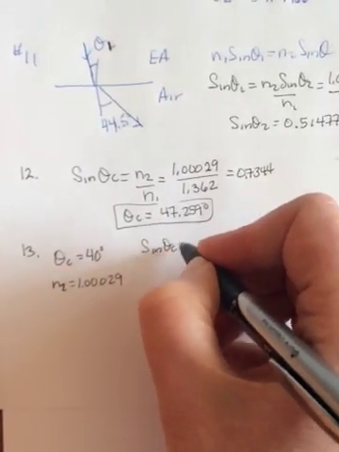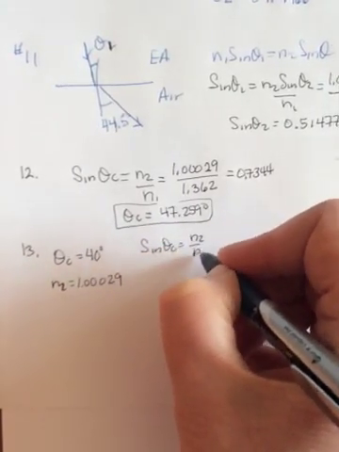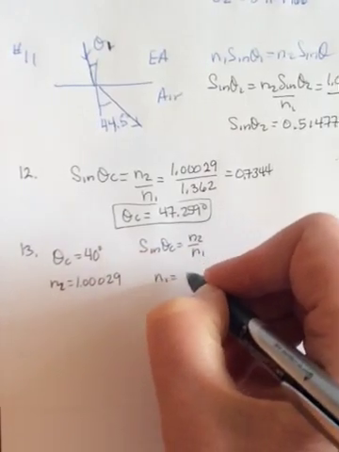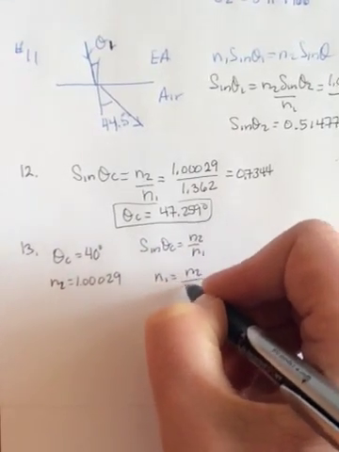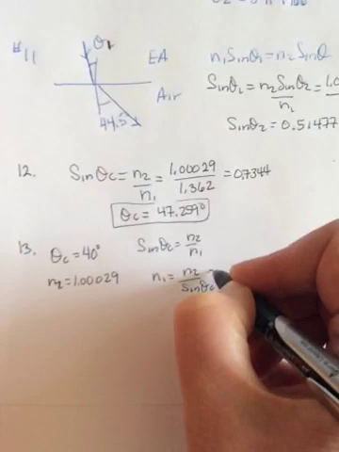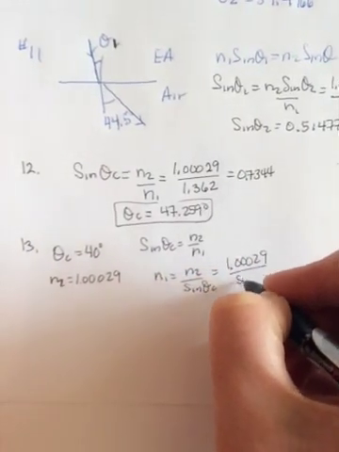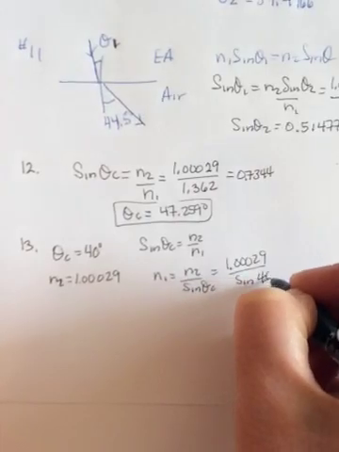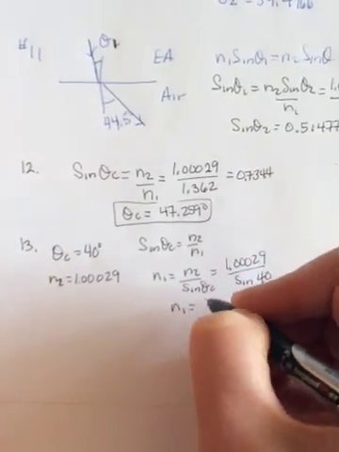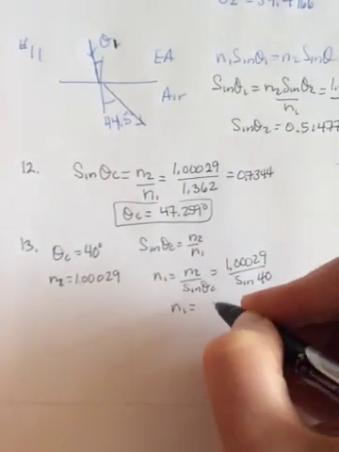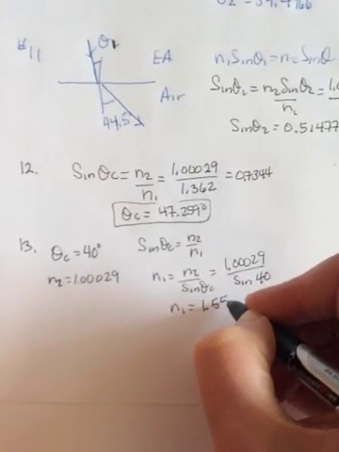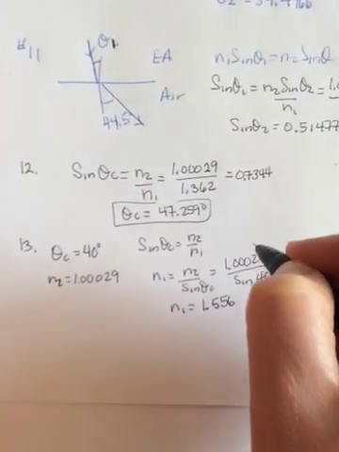So sine theta c is equal to N2 over N1, so N1 is equal to N2 over sine theta c. So 1.00029 divided by the sine of 40. And you should get an N1 of 1.556. But that's not what the question asks.